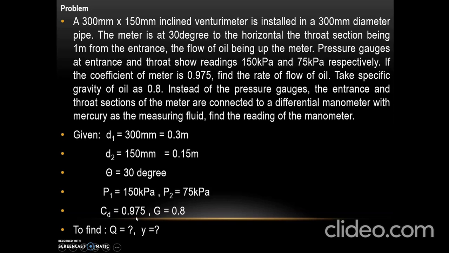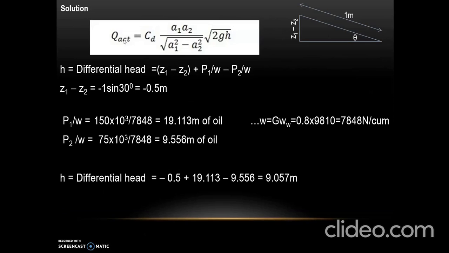CD equal to 0.975. G is equal to 0.8. We need to find out what is Q and what is Y. So to find Q actual, we have formula CD into A1 A2 divided by square root of A1 square minus A2 square into root 2GH.